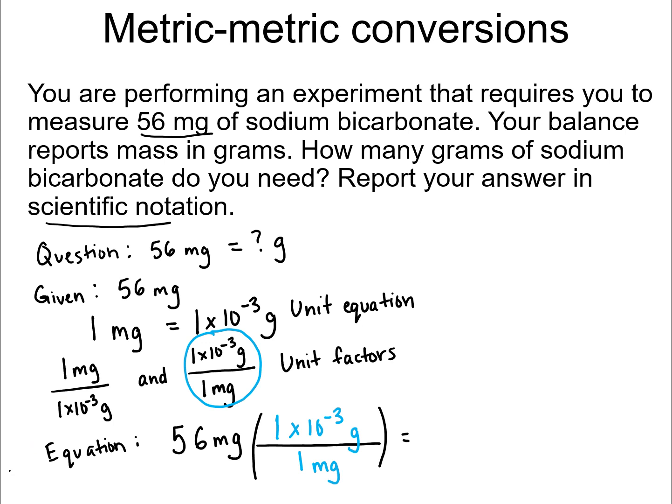Then I go through and make sure that my units make sense. We're canceling out milligrams, ending up with grams. I look back at my question. Is that what I'm looking for? Yes. Then I get out my calculator.